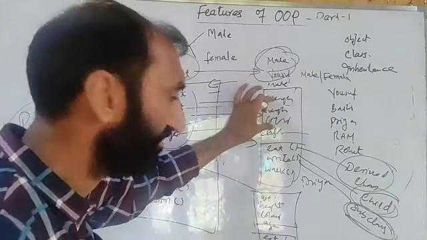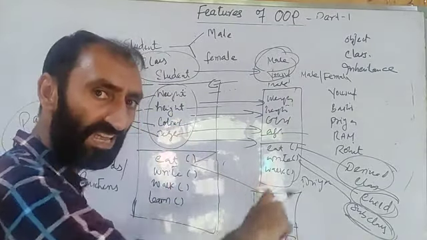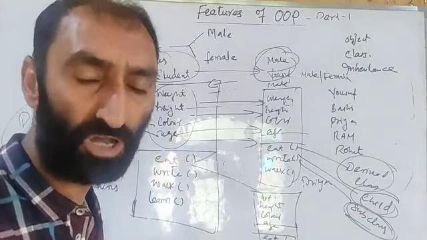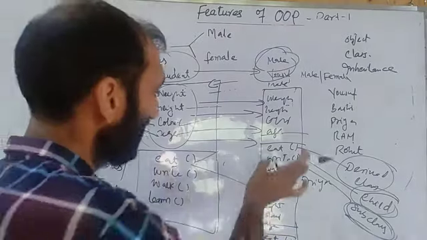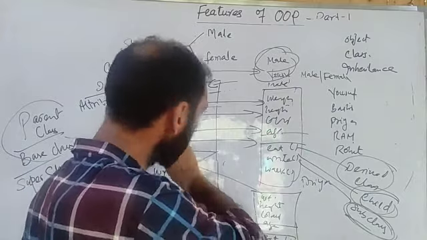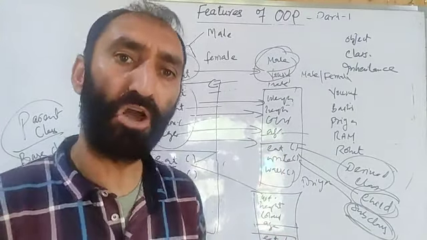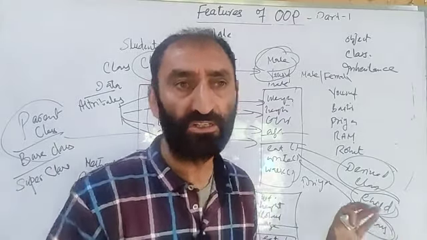This child class inherits all the features from the parent class, and it has some of its own features. So here these features also get inherited, and in addition it may have some own features. I hope now you have understood what is inheritance.